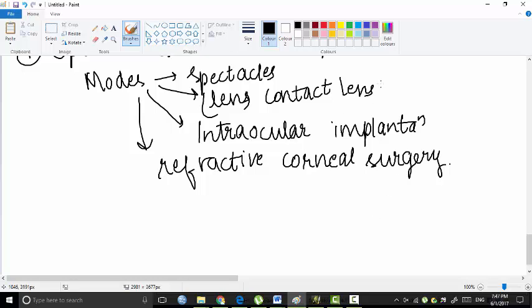If you see, spectacles are one of the best and most commonly employed ways for correcting this aphakia. So we generally used to use spectacles, but right now the use of spectacles has decreased.